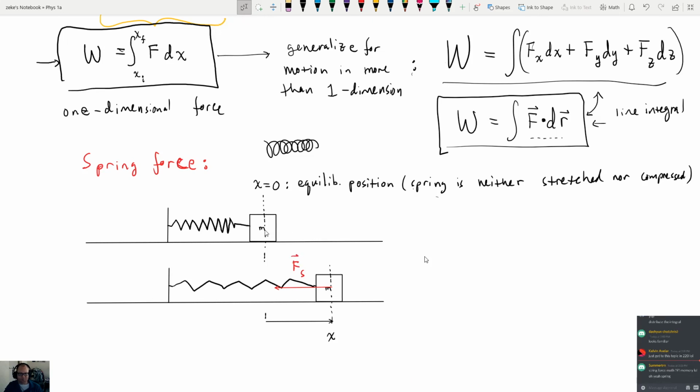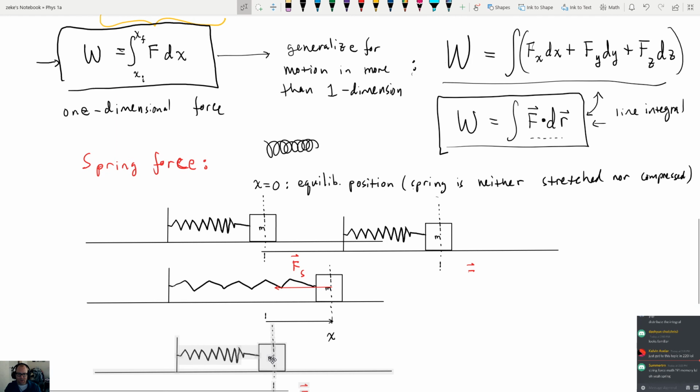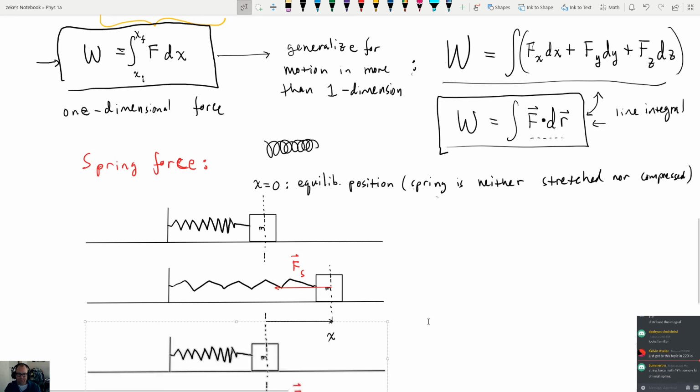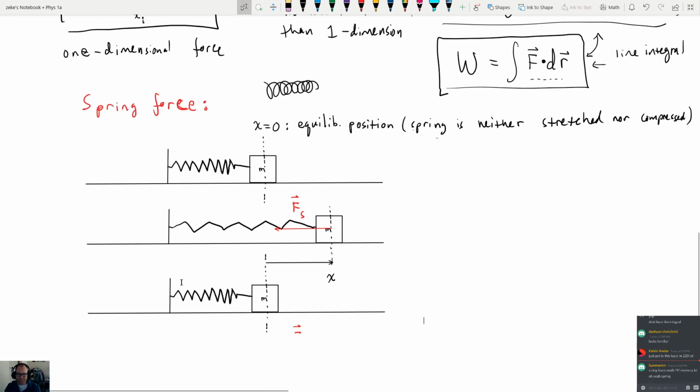All right. So the idea here is that we've pulled it out to here, and by pulling it to this position, there's going to be a spring force that points back in this direction here. The other possibility would be that we take the exact same system, and instead of stretching it, the spring also works under compression.